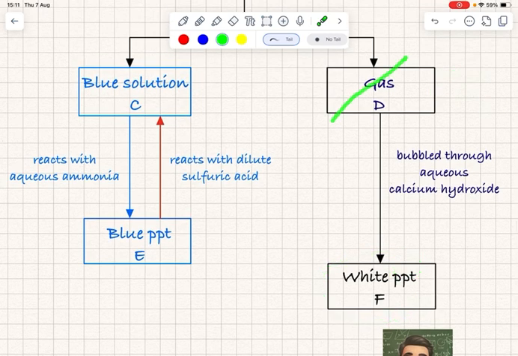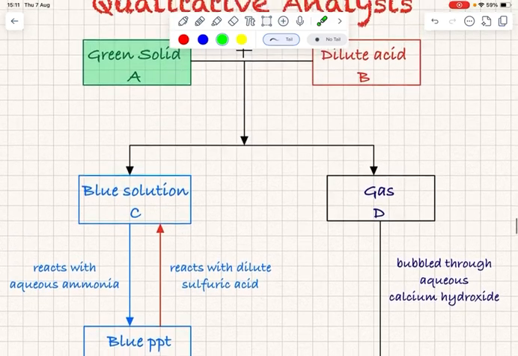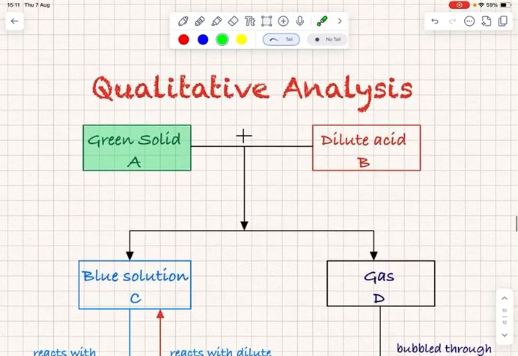This is confirmed. So we look at this green solid A. Some students get confused. You know why? Because most students thought that this green solid must be Fe2+.